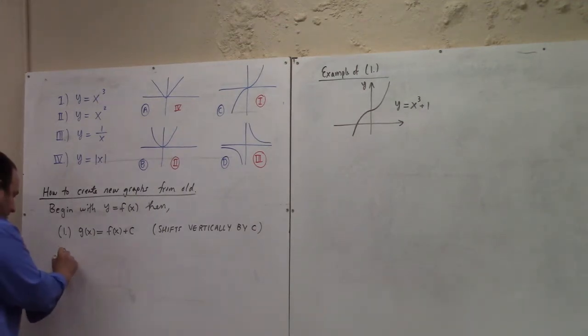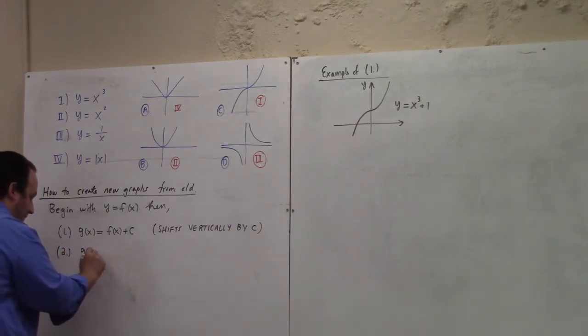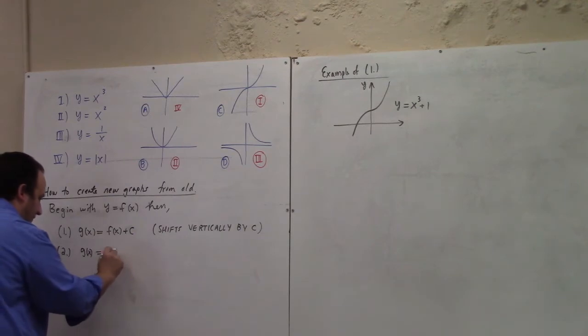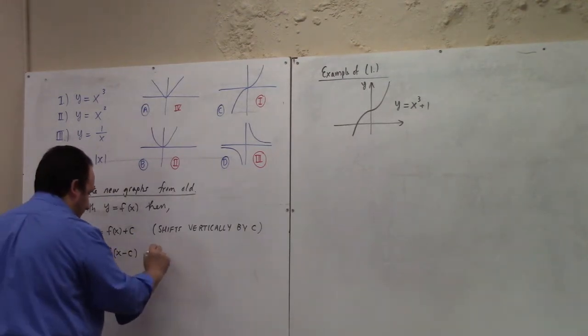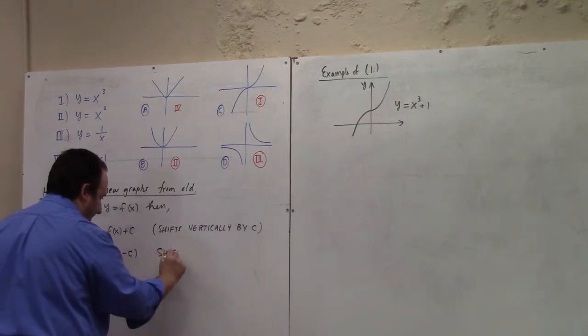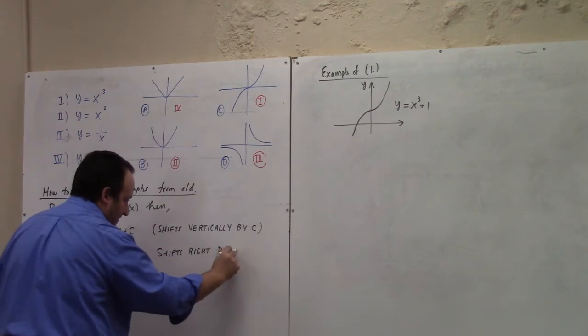Number 2, we could look at g of x equals, let's say, f of x minus c. Then this shifts right by c.